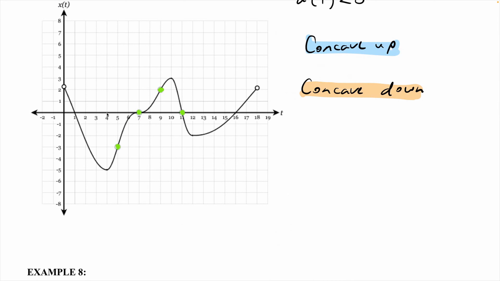Those are all the changes. Means I'm going to change from concave up to concave down. So what did we say was happening from the start? Concave up or concave down? Concave up, right? The first circle means we're going to change. I'm not going to be concave up anymore. I'm going to be concave down.